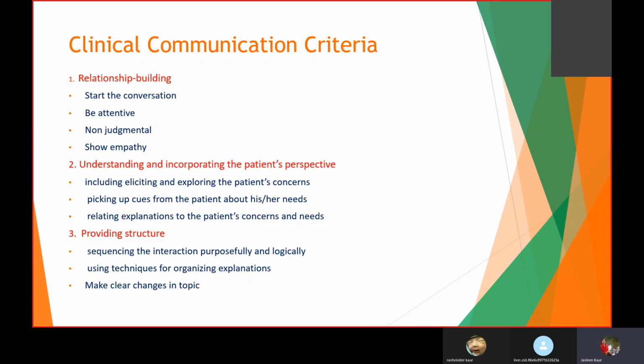So as a nurse, it's your responsibility to explore the patient's concern: why the patient wasn't able to sleep, why the patient doesn't want to take the medicine, why the patient wants to go home early. All these things are very important. As a nurse, it's your responsibility to understand the patient and explore the patient's concern.